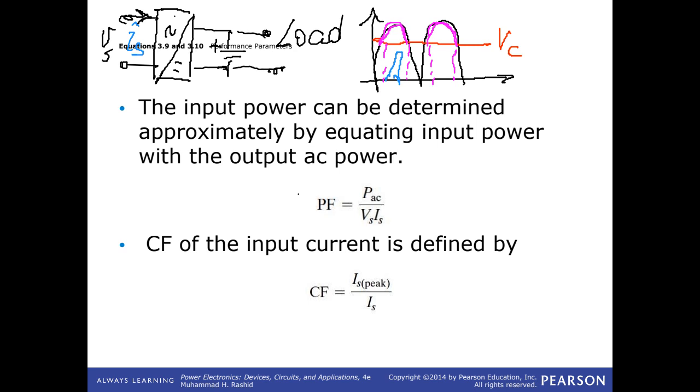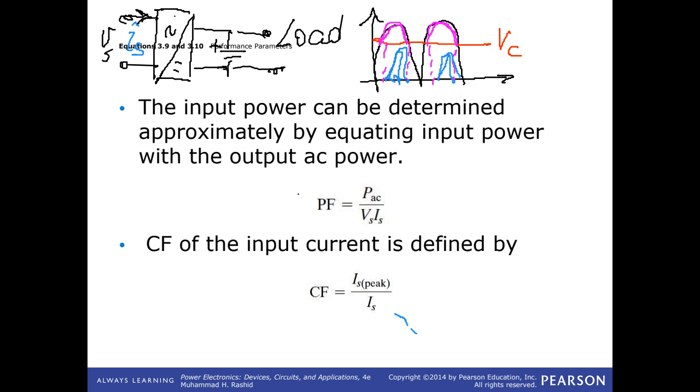The current stays between these two points. If the current becomes like that, the current waveform is something like this.